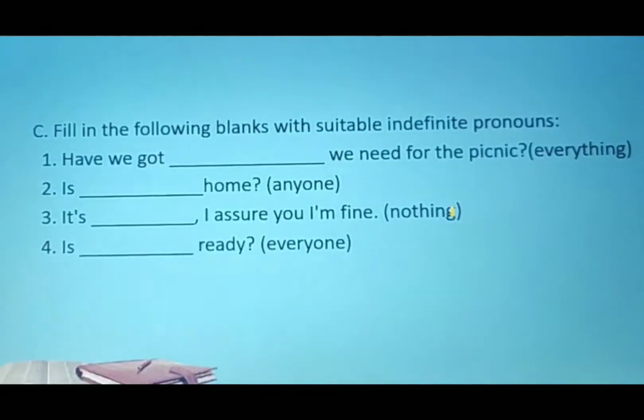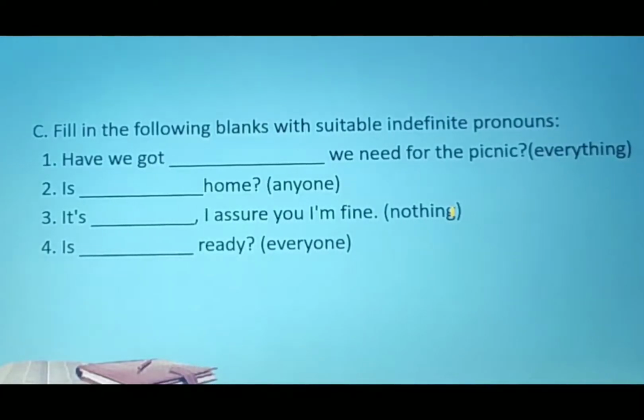Fill in the following blanks with suitable indefinite pronouns. Have we got dash we need for the picnic? Have we got everything we need for the picnic? So everything is indefinite here. It is not fixed, right? It is not clear what all is included in the items that we need for the picnic.